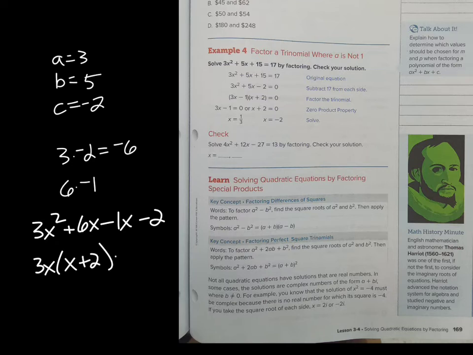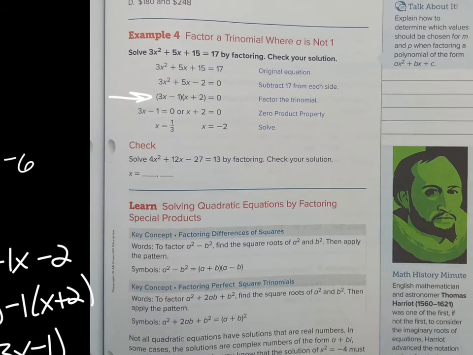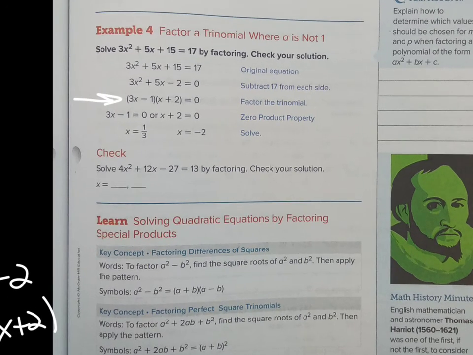Take a negative 1 out, we've got x plus 2. And then we get (x plus 2)(3x minus 1). That's how we were doing it. They were doing guess and check, but either way, we get to the same answer. Set both of those equal to 0, and our solutions are 1/3 and negative 2.